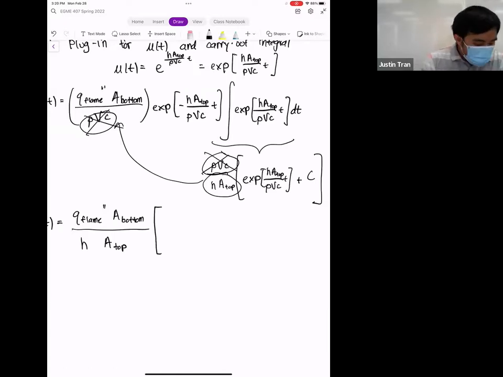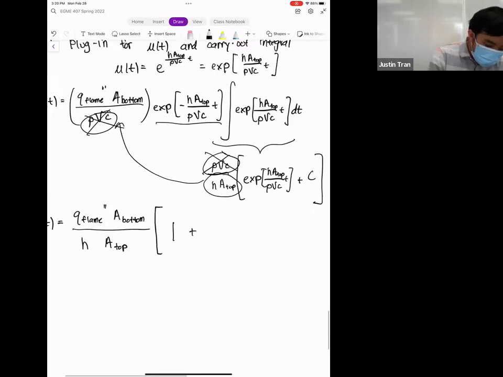For the first term in this expression, we have an e raised to the h A top over rho V C t. We're going to multiply that by e to the minus h A top over rho V C t, and so this is just going to be a 1. And then on the other term, we have plus C times the exponential of minus h A top divided by rho V C t.